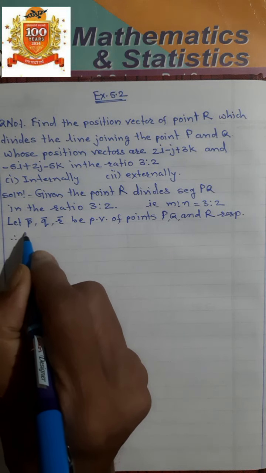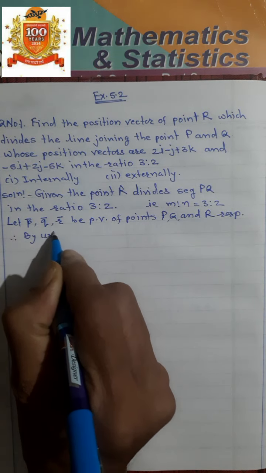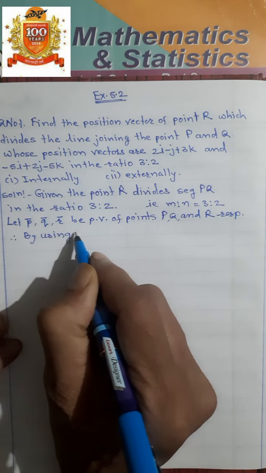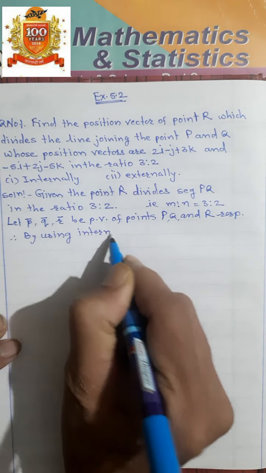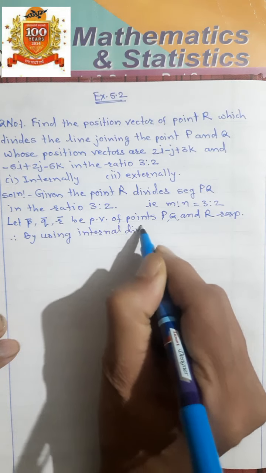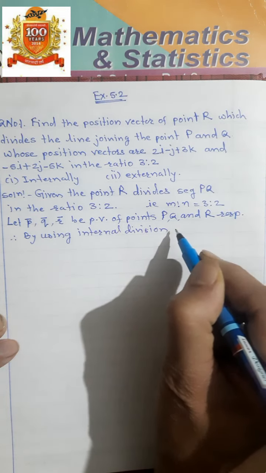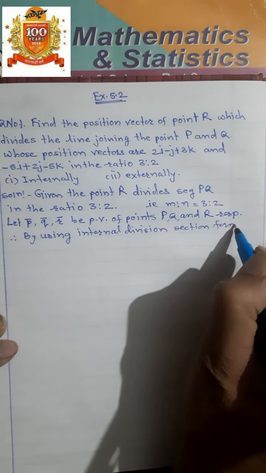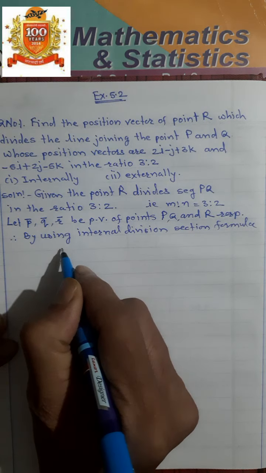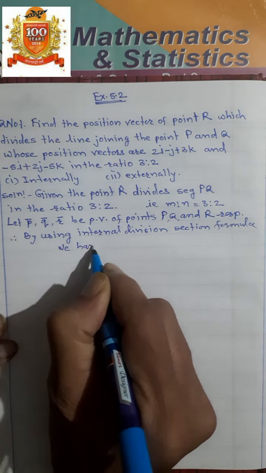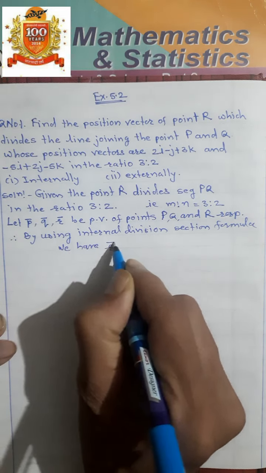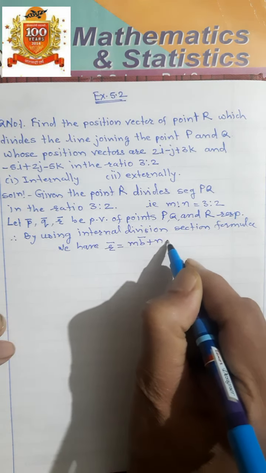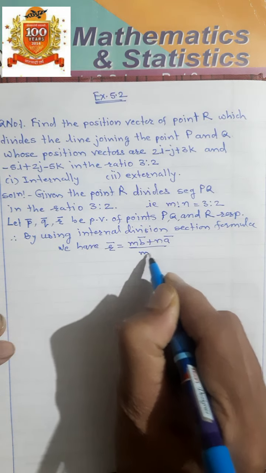Therefore, by using the internal division section formula, we have R bar is equal to (m B bar plus n A bar) upon (m plus n).